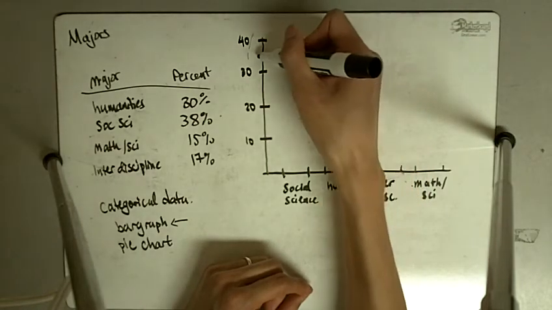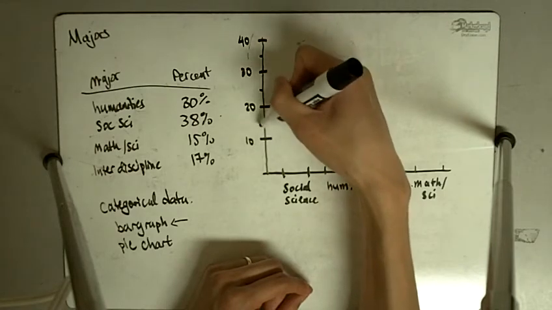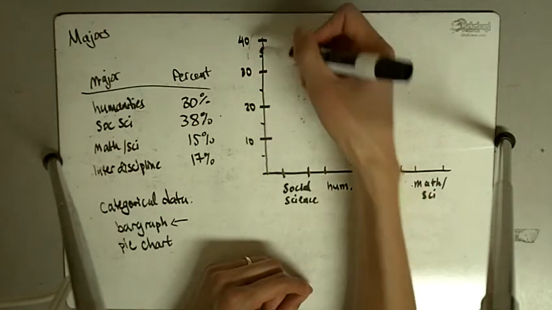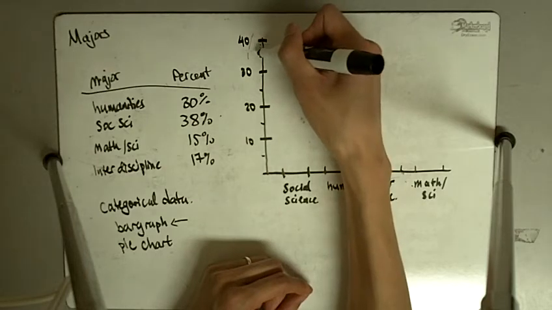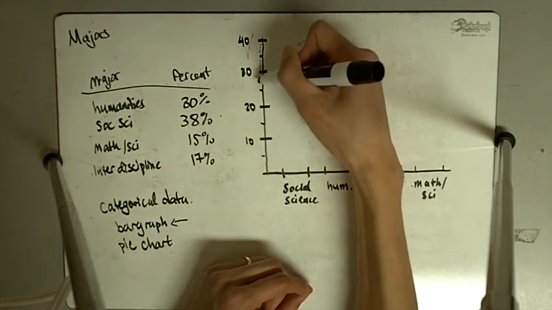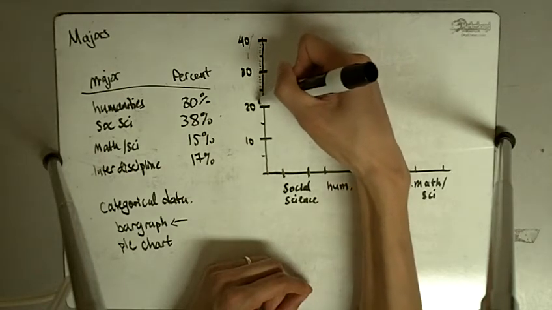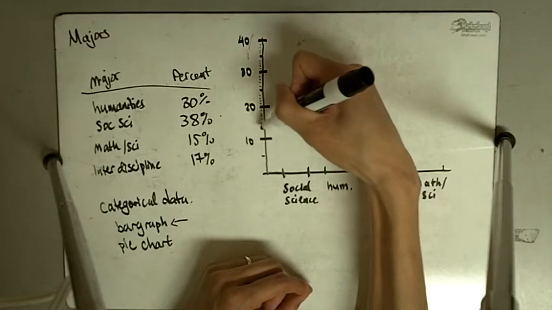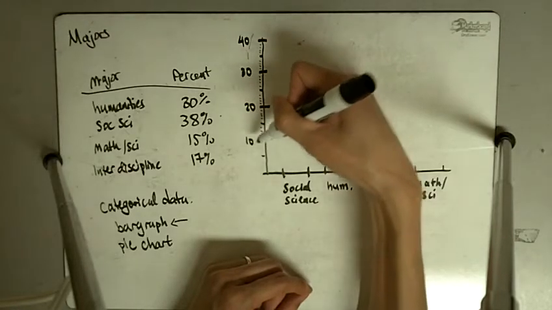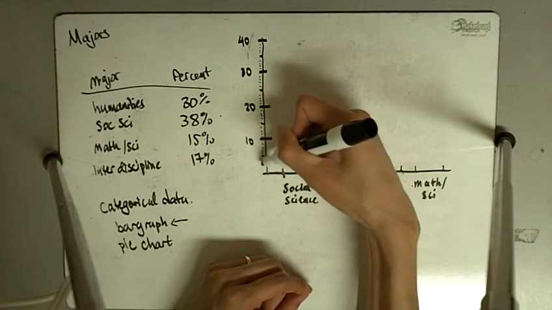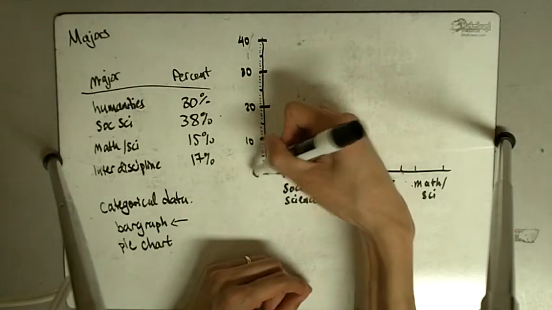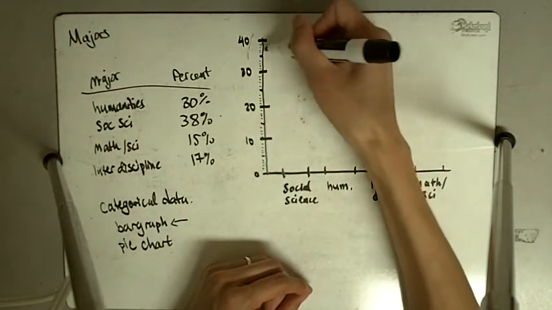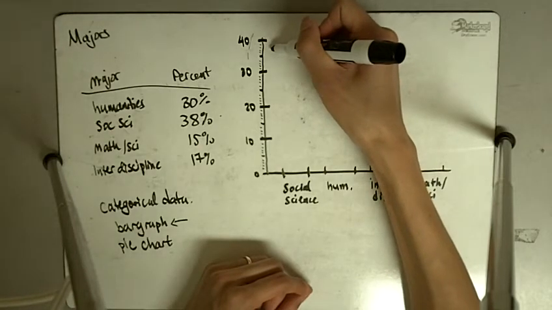So 38, so that would mark the 5s, and then we've got to break these down into smaller tick marks. So 38% is going to be right around there.